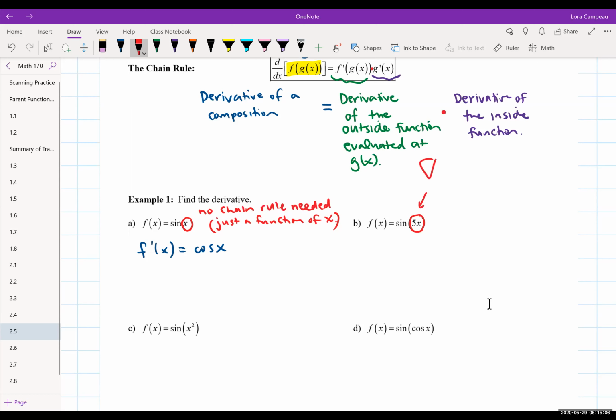This is where I would utilize the chain rule. So I'll write that down: more complicated than just a single x. I guess that's my language, so be careful if you're describing this to someone else. If that's the case, we need the chain rule.